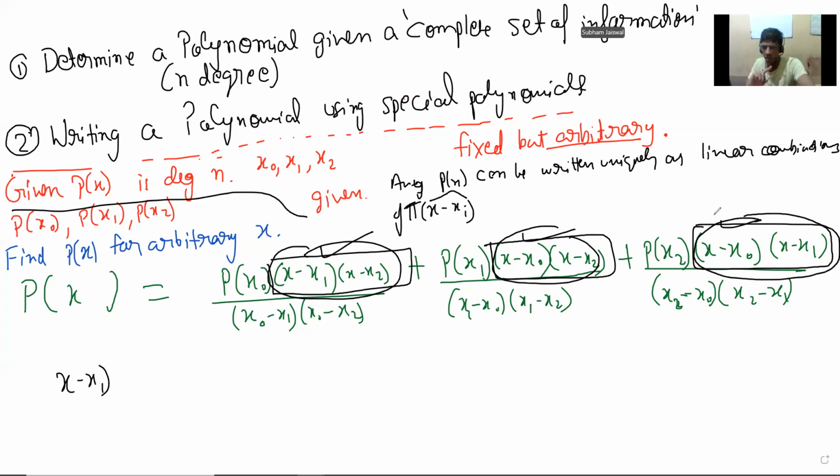They are not just arbitrary. The points are fixed and one factor is missing from each, and they can be used to generate any polynomial, because these are just some numbers.